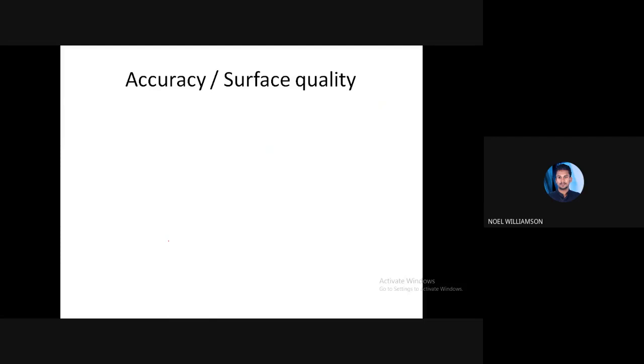Regarding the surface finish, generally it has a better surface finish.